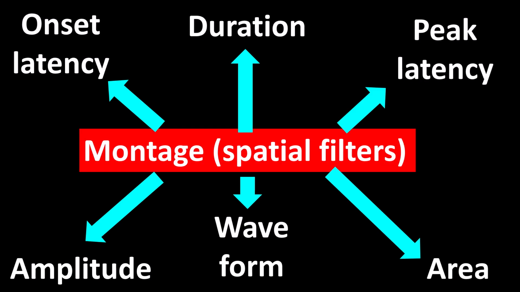Well, the different montages, by virtue of their different inter-electrode distance, the spatial relation among electrodes, and the arrangement of the electrodes entering input 2 of the differential amplifier also alter the elements of the waves that we have just mentioned.